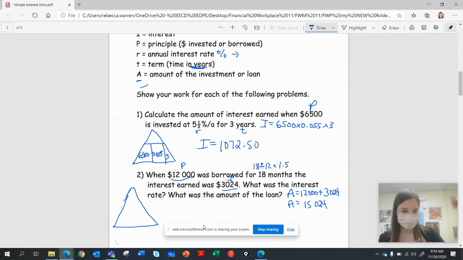So let's see, I have 3,024 for I, I have 12,000 for P. We don't know what the rate is, and it is 1.5 years. Again, anything on the bottom, they're not quite attached, I guess, but they're considered to be attached. So you could actually start by doing 12,000 times 1.5.